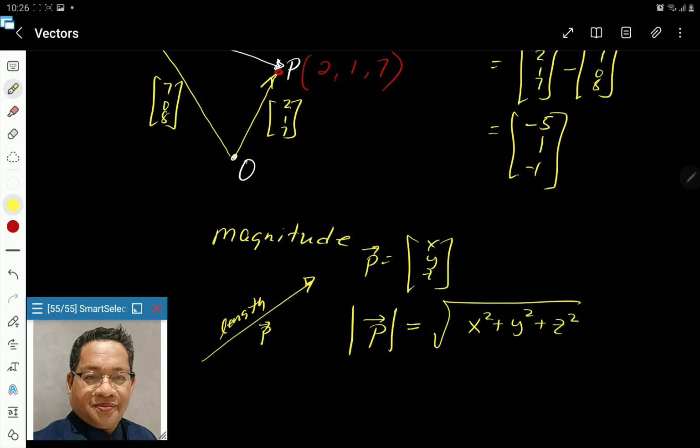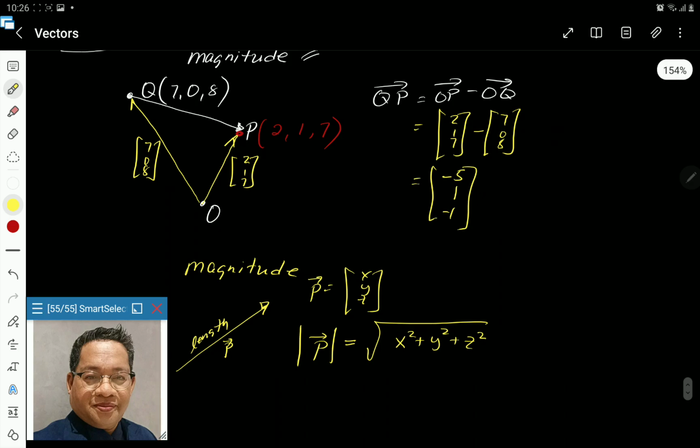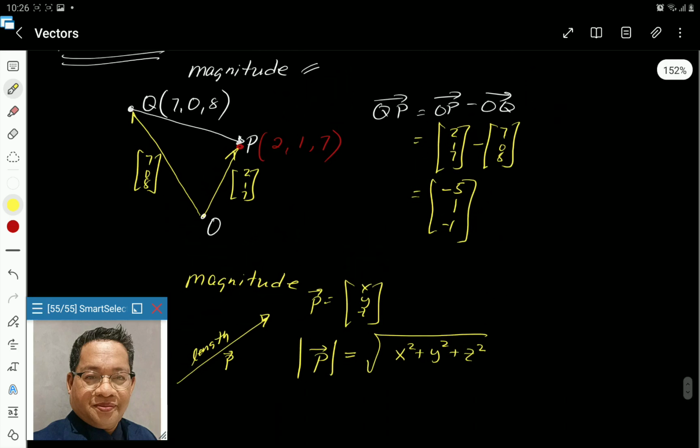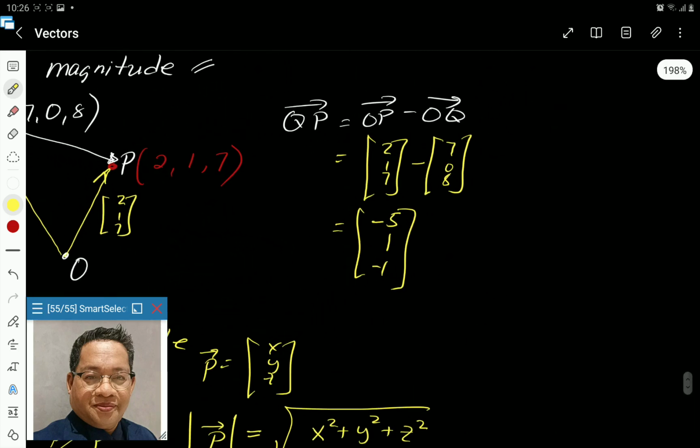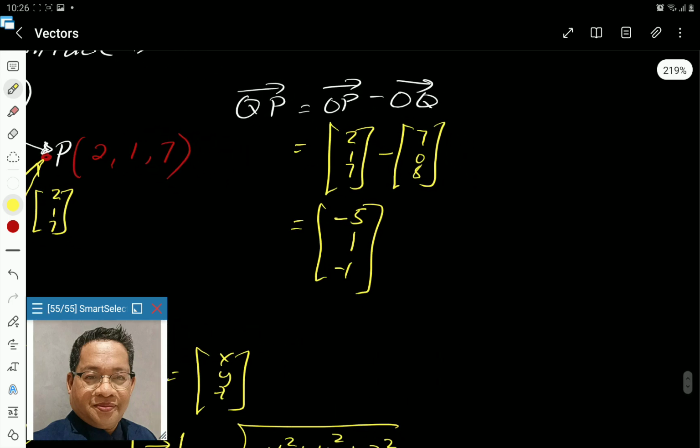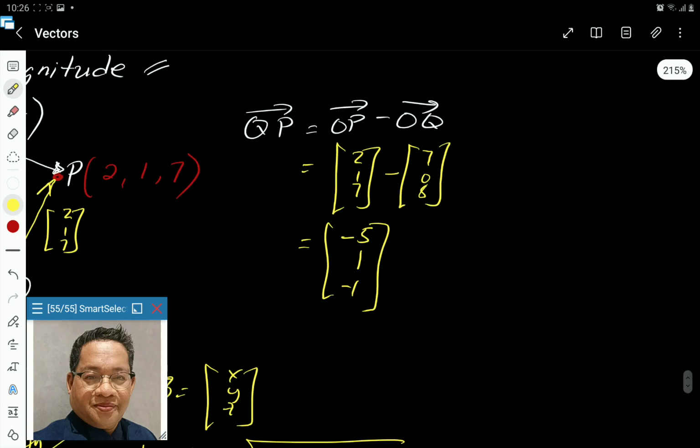Now using this one, let's try to find the magnitude of QP.